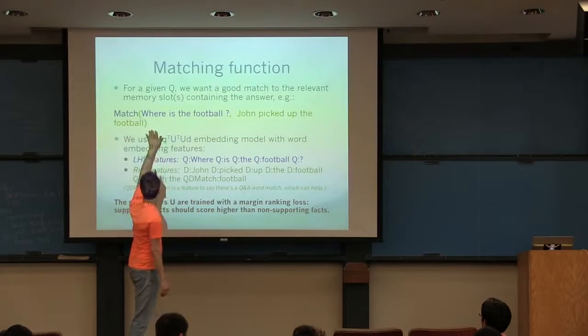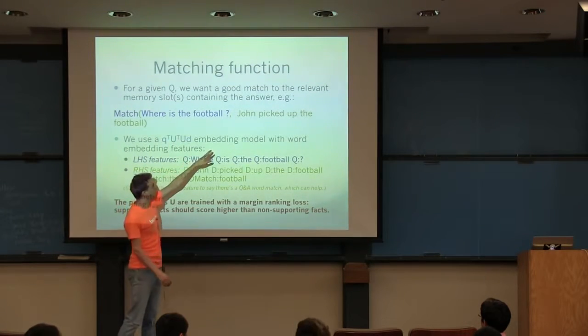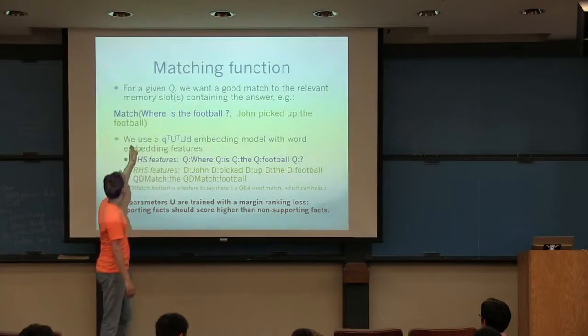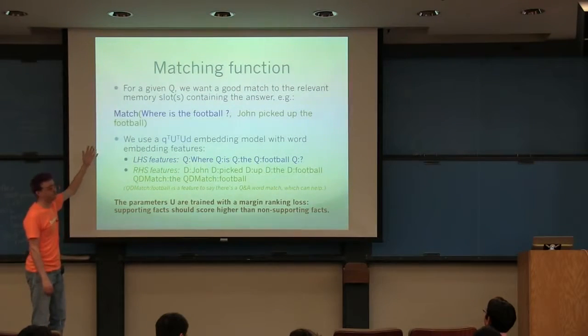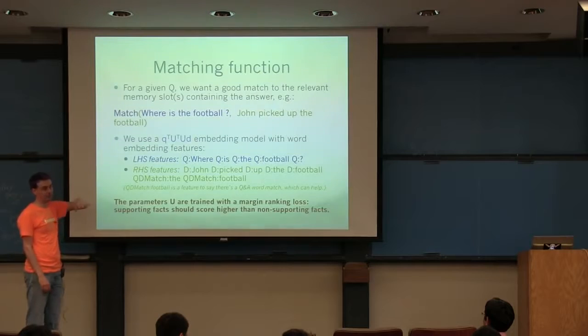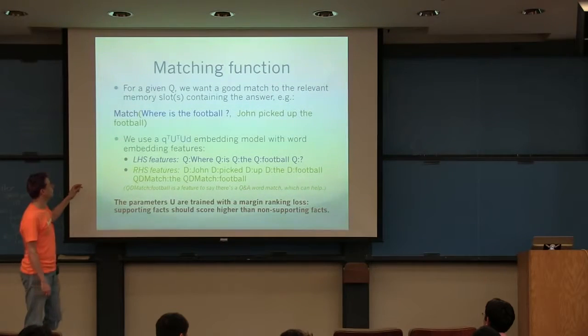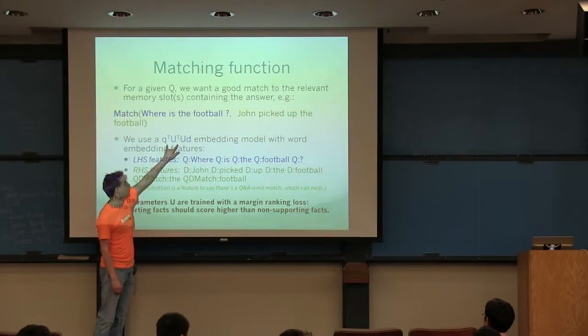So for example, if you're matching "where is the football" as the question to one of the possible memories, "John picked up the football", this would be a good match in this case, right? Obviously, modulo the time aspect, which I'm going to talk about in a second.